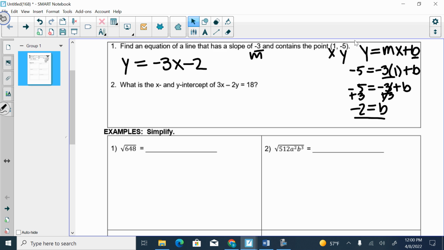All right. They say, what is the x and y intercept of this equation? Okay, well, there's a couple ways I could find that. I could rearrange it into this form, put it in my calculator, and try and find those values on the table. The other rule is that you could just take the part that has the x in it and set it equal to that number, solve for x, that should give you x, and then do the same for your y. Okay, so you could take 3x and set it equal to 18.